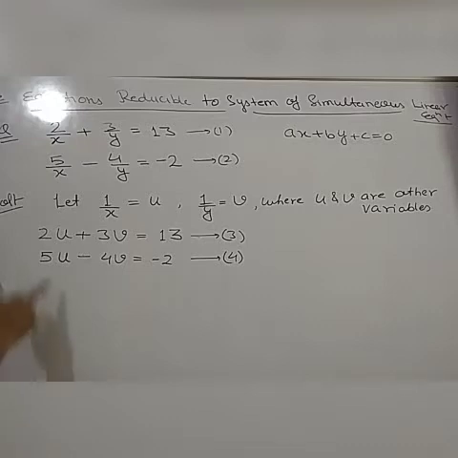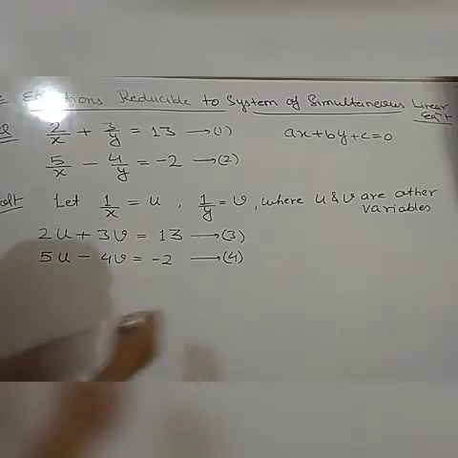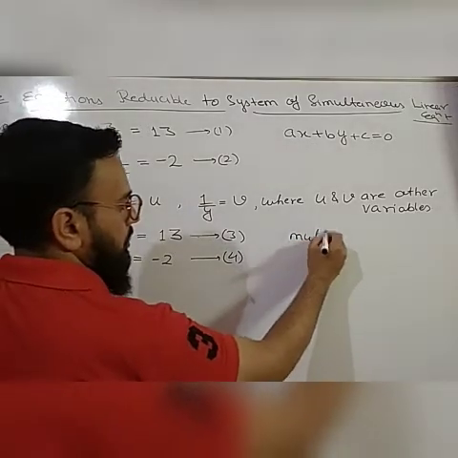So for equating, the coefficient of u is 2 here, and in this equation the coefficient of u is 5. So if we want to equate the coefficient of u, what will we do? We will multiply the third equation by 5. This 5 is multiplied here and this 2 will be multiplied here.